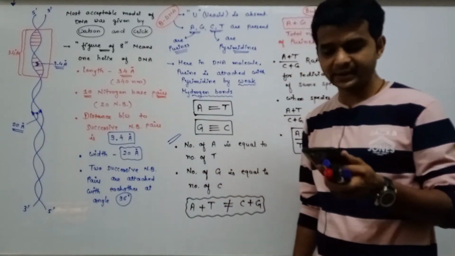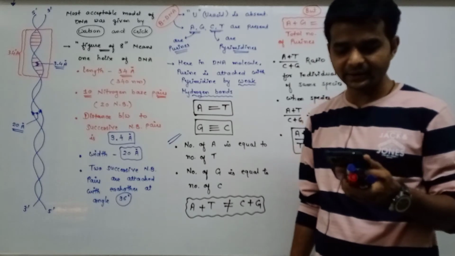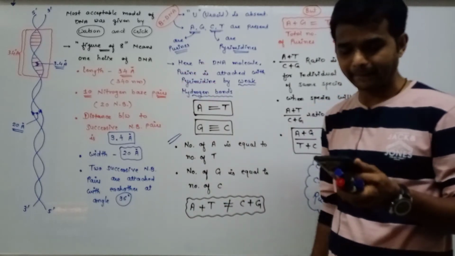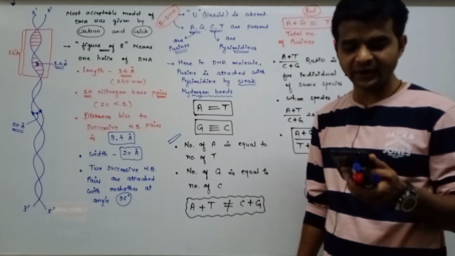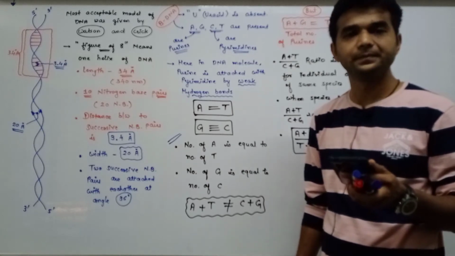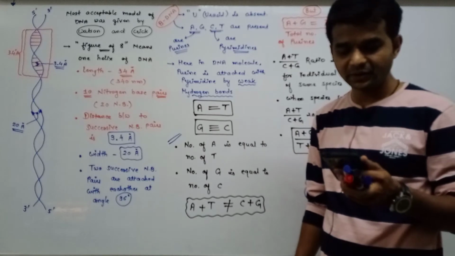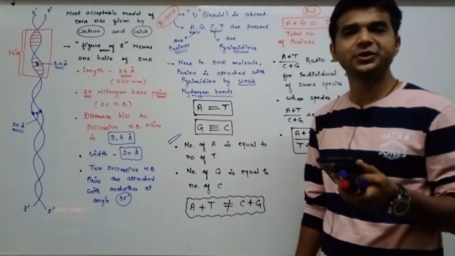This model says that DNA exists as a double helix. The two strands of the polynucleotide chain are antiparallel, that means they run in opposite directions.